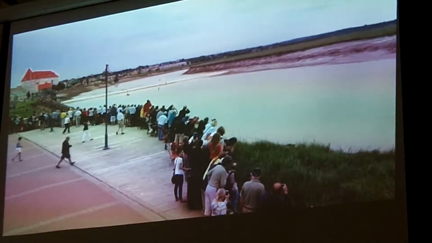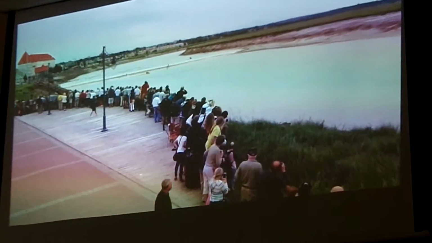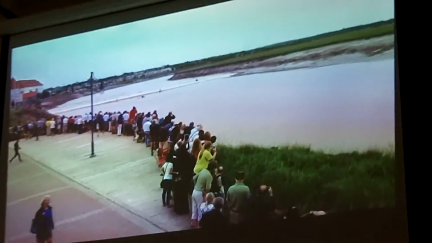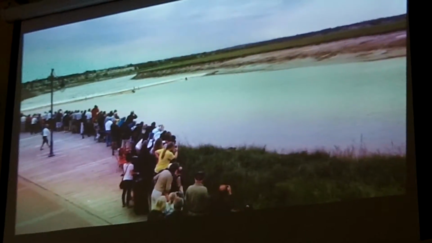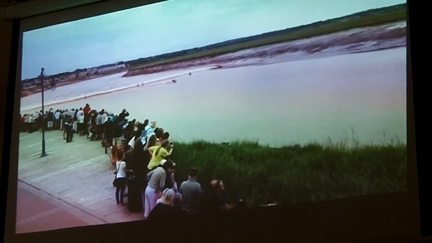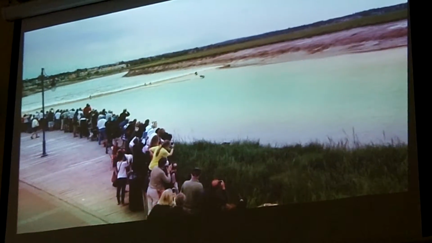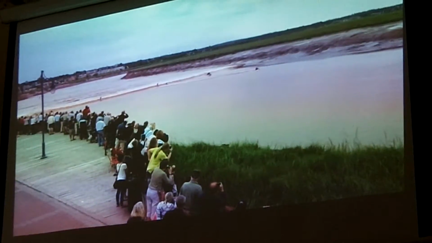The tide comes in really fast. Everybody's gathered around to see it, I guess. That's the tide. Only in some places. Somebody's got to play with it on a jet ski. How are they surfing much?